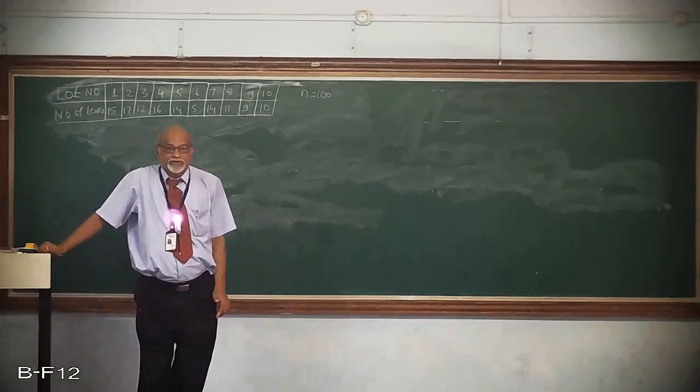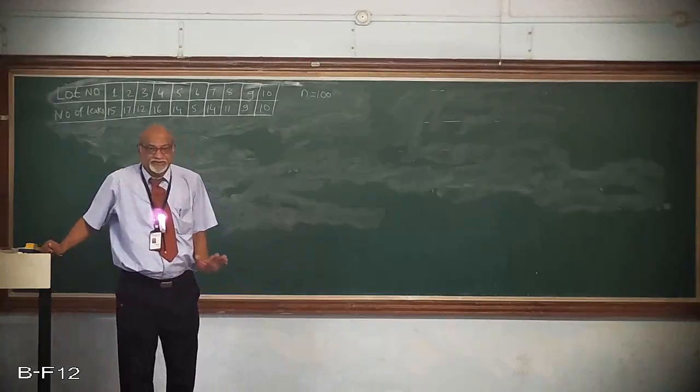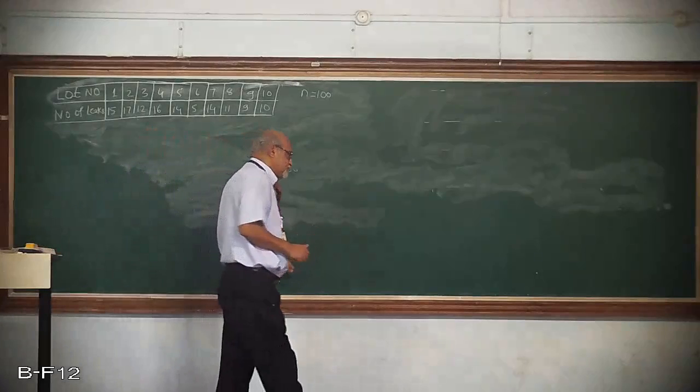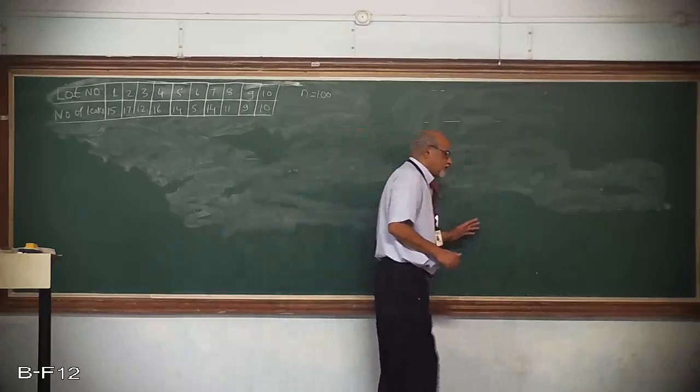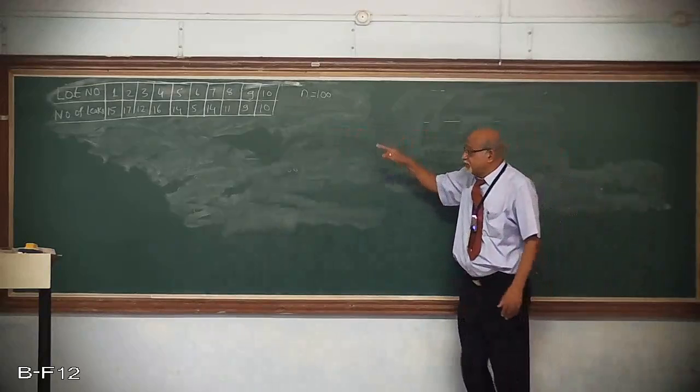If we use a U chart, how are we going to find the control limits? And if it is a C chart, how will it be? Try to understand here, the sample size is fixed because the lot will always consist of 100. It is not varying.